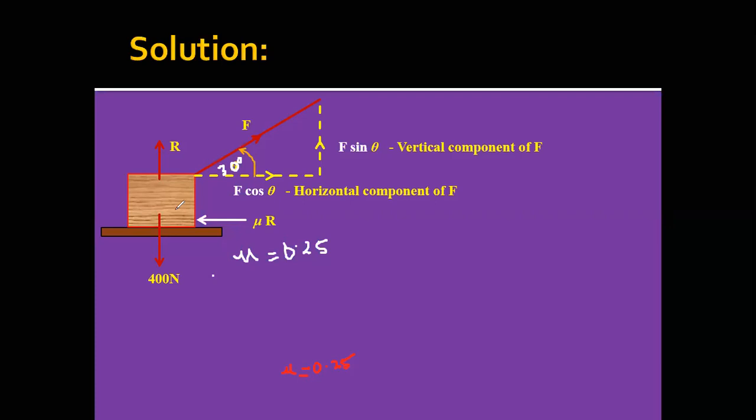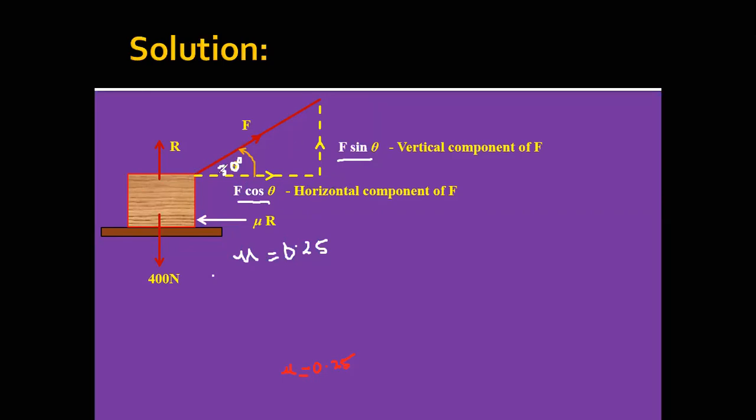But because the force is inclined, there is a vertical component of the force and a horizontal one, which means you have to resolve the force. In resolving the force, you get the y component to be F sine theta, and the x component is F cos theta. Like I always say, try and resolve your system into the x and the y so that you can write your equations using the second law of motion.